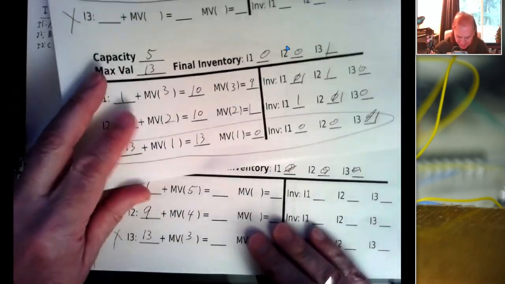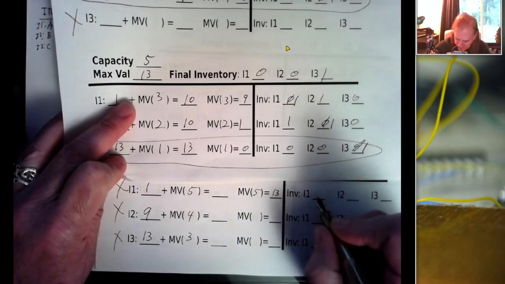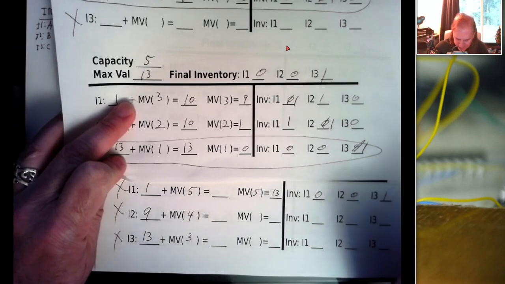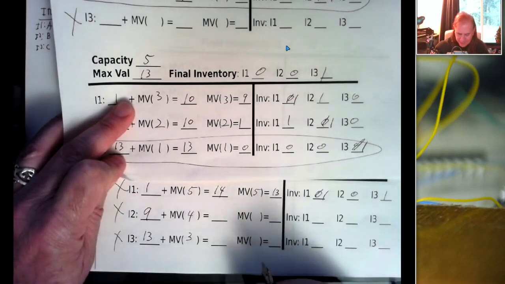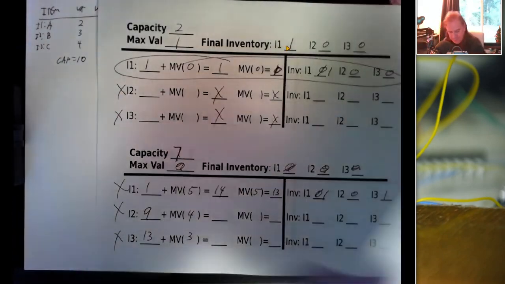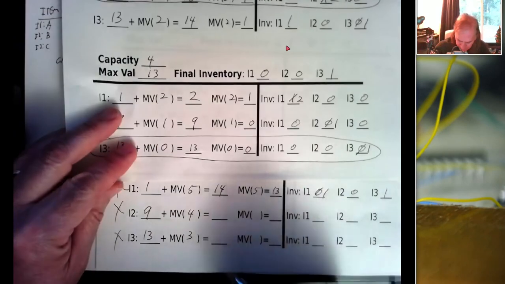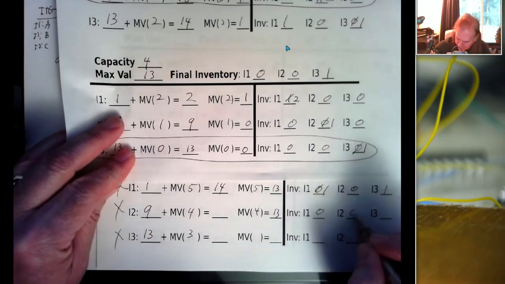So max val of 5 was 13 with an inventory like this. 1 plus 13 is 14 for that inventory. Max val of 4 was also 13 with an inventory of 0, 0, 1.